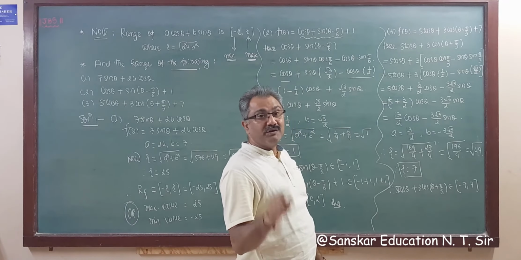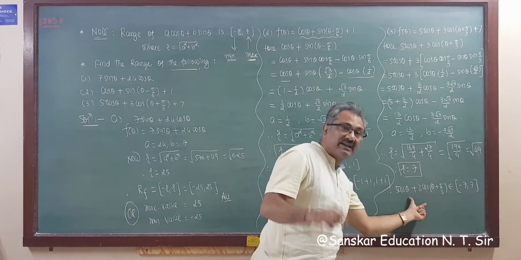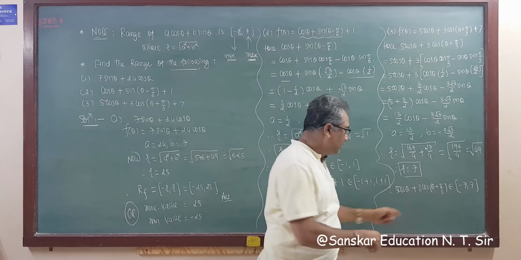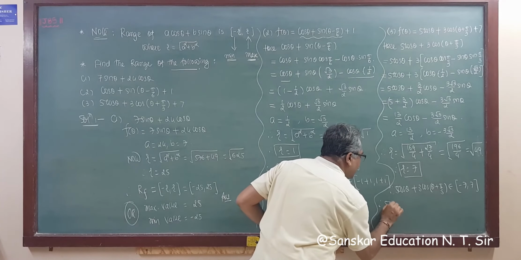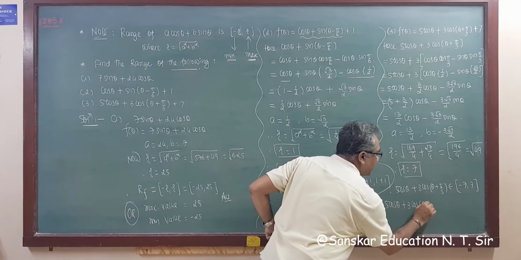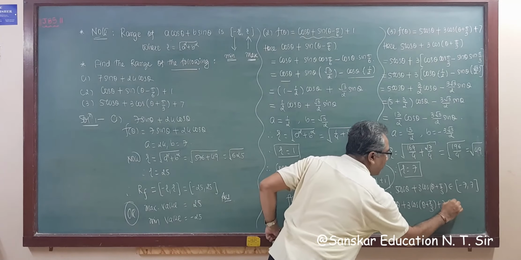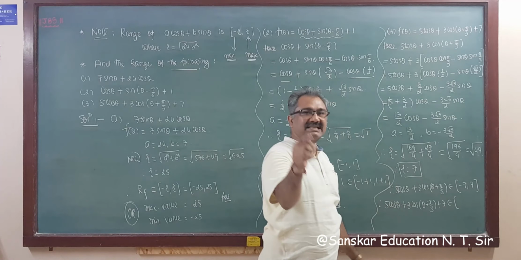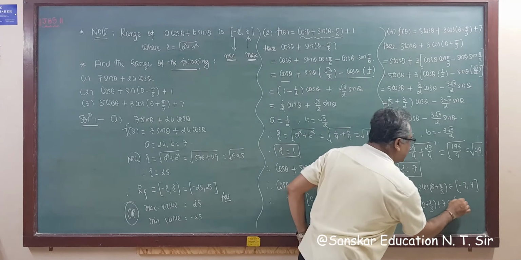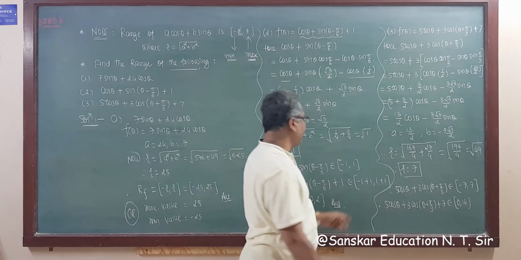Now what we want? We want this plus 7. Plus 7 means we have to add 7 here. So therefore 5 cos theta plus 3 cos theta plus pi by 3 plus 7 belongs to the closed interval minus 7 plus 7, that is 0, and 7 plus 7 is 14. So I am not writing like this.